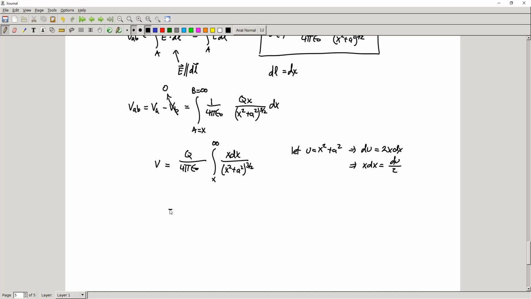We're going to end up with an integral that looks like this. Q over 4 pi epsilon naught. Okay, so we're going to end up with this stuff factored out. We're going to be able to factor out this factor of a half that's going to come from our substitution of du into this, right?